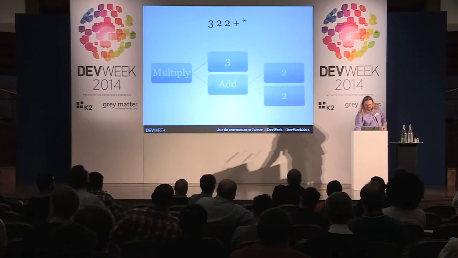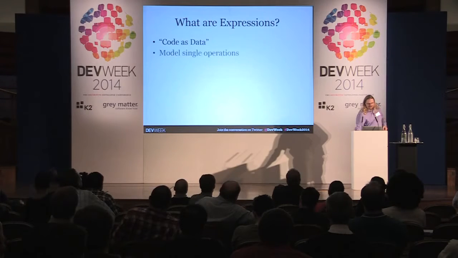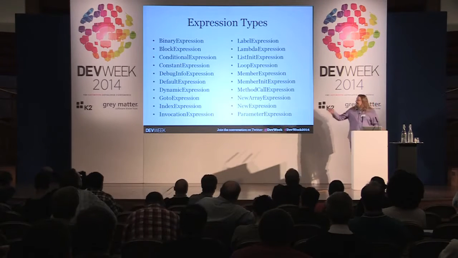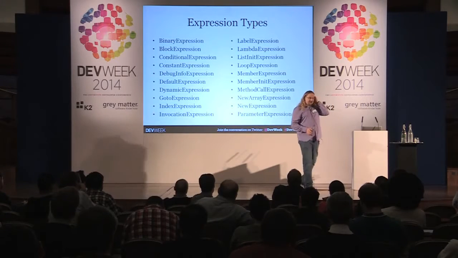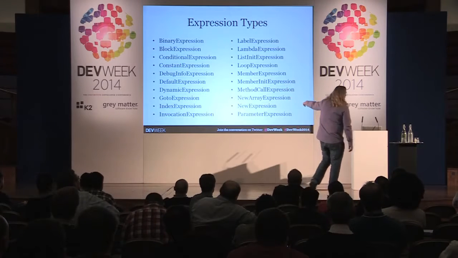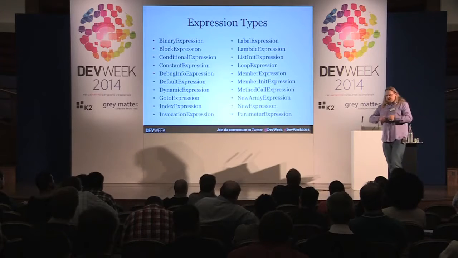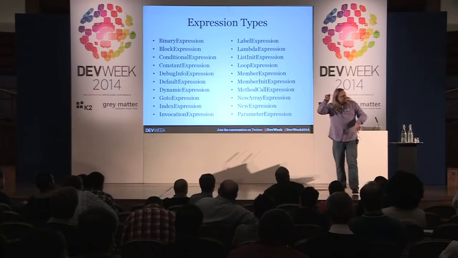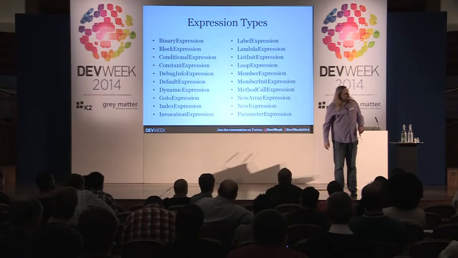If we just quickly go back a bit here. These are the base expression types that Microsoft provide. You've got everything here, from block expressions. A block expression is effectively a C# brace, and that will contain a list of expressions.